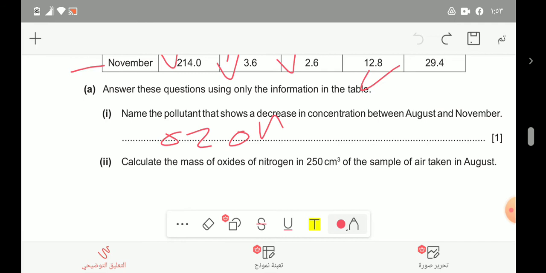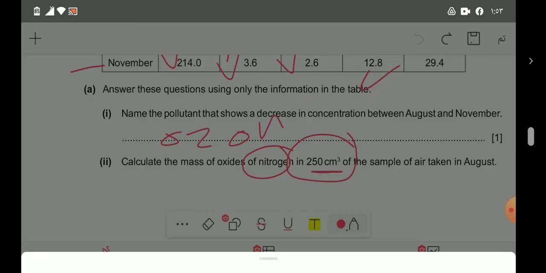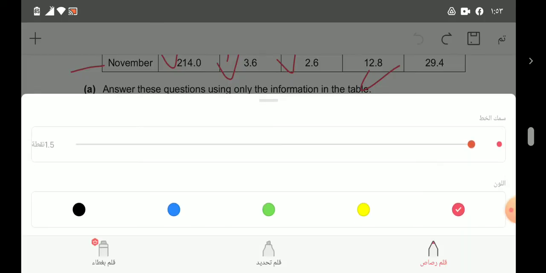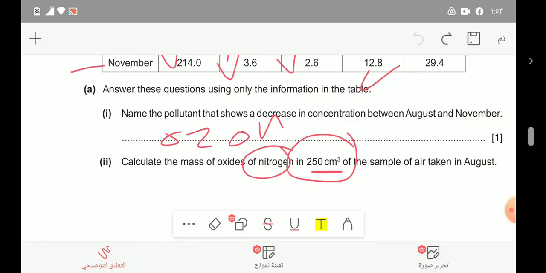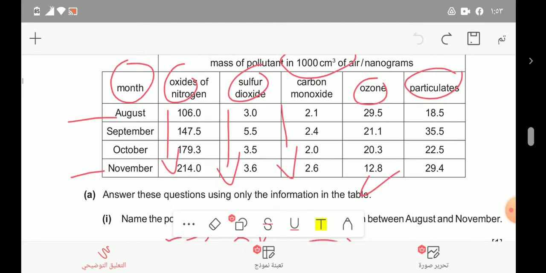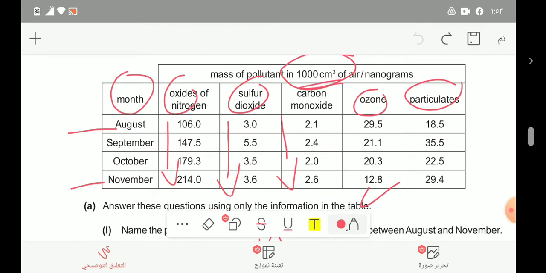Calculate the mass of oxides of nitrogen in 250 cubic centimeters of the sample of air taken in August. So the examiner wants the mass of oxides of nitrogen in 250 cubic centimeters. Remember, the table gives masses per 1000 cubic centimeters.